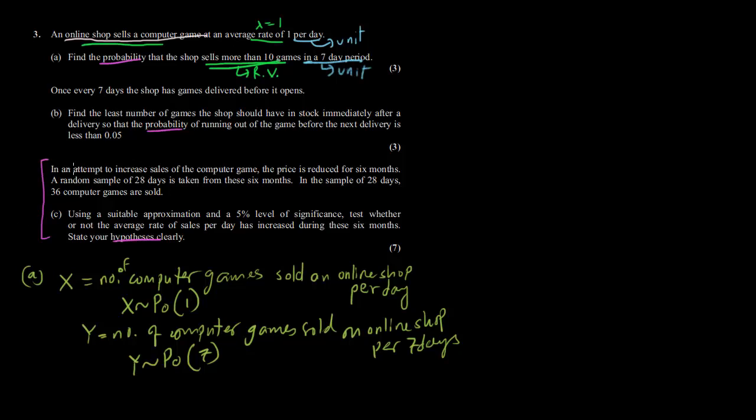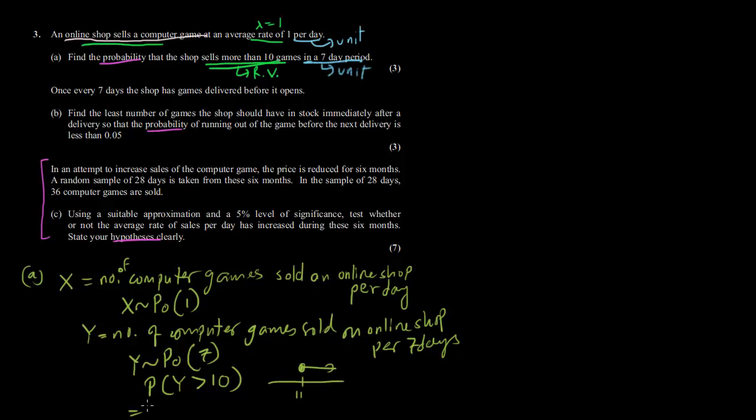So we have to find the probability the shop sells more than 10 games. Remember, number of games is the random variable. It means probability of Y is greater than 10. Think about this, it is a discrete random variable, so more than 10 means 11 or more.